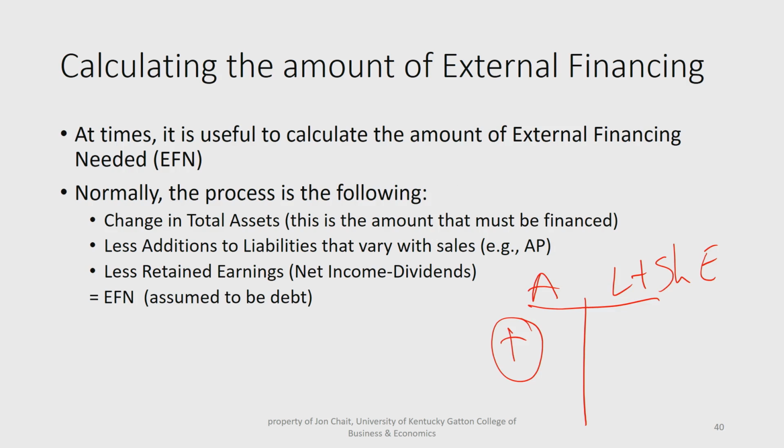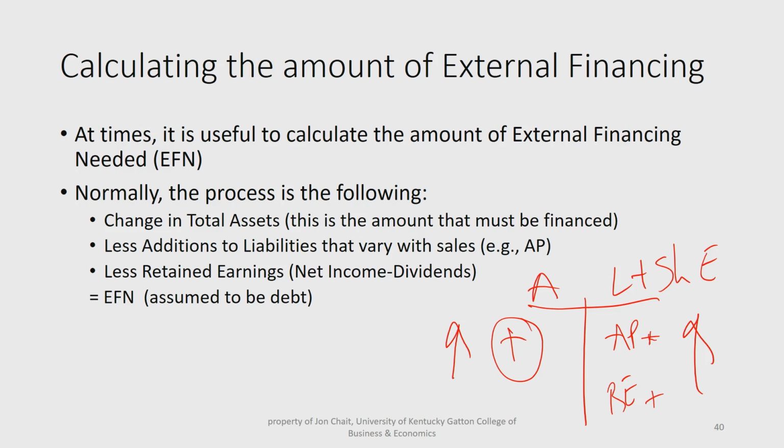But if it is a plus, how are we going to finance it? So I like to say, how are we going to balance it? If you're an accountant, you say, it's got to balance. This went up. That's why it's a plus. So something over here has to go up. So accounts payable, we'll put a little plus. Retained earnings, we'll put a little plus.